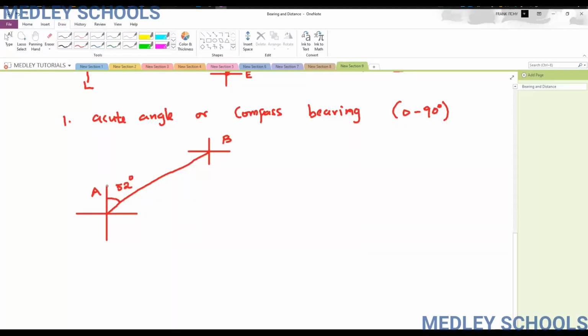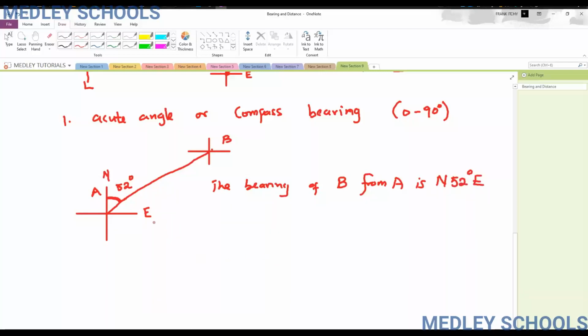Now what I will say is that the bearing of B from A is, I said when you are taking from, that means you read it from A. Now we take it from north. Since from north to this line is 52 degrees and it falls between north and east, we report it as north 52 degree east.